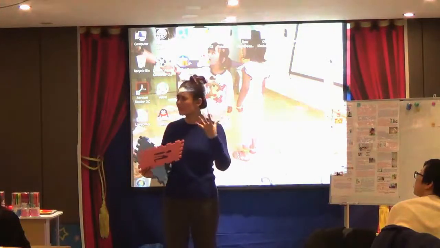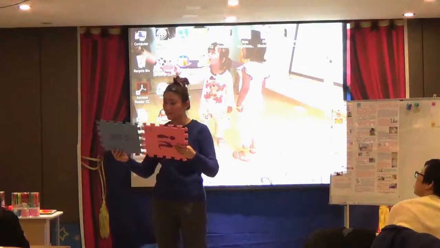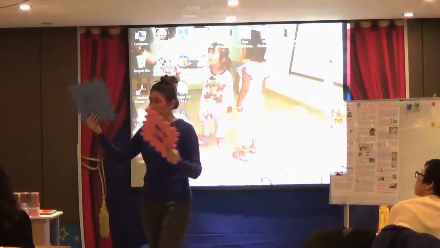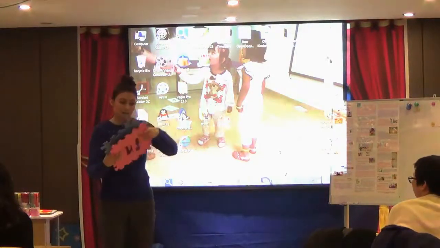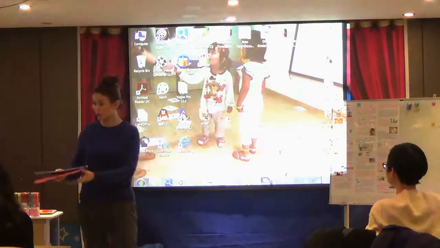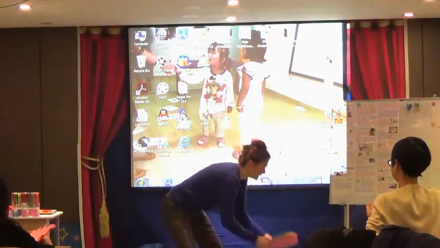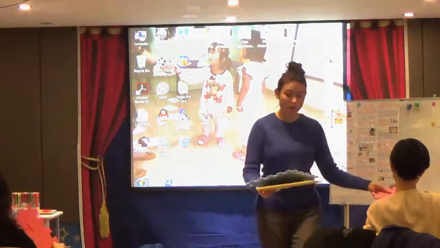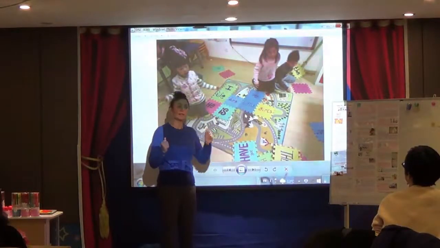I found it very, very interesting. They really like it because they play with this and at the same time they learn because they are puzzles. They are big, they are attractive, and they're easy to touch and they're nice to touch. So, yeah. I use different colors. You can see we are trying to make sentences with our kids.